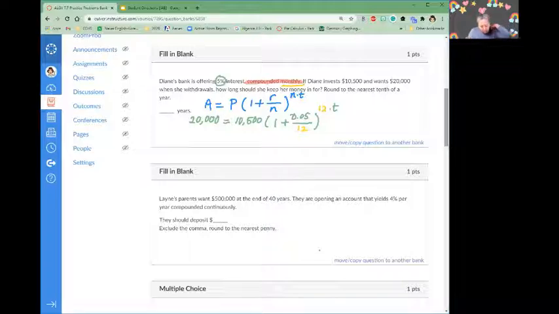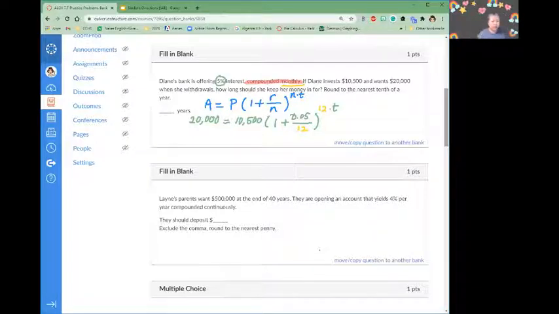Now, by using a calculator, you have to be super careful to calculate each part of the equation in the right order. Of course you have to do the inside of the parentheses first, and even inside the parentheses, you have to be really careful to do the division first and add 1 with your calculator.